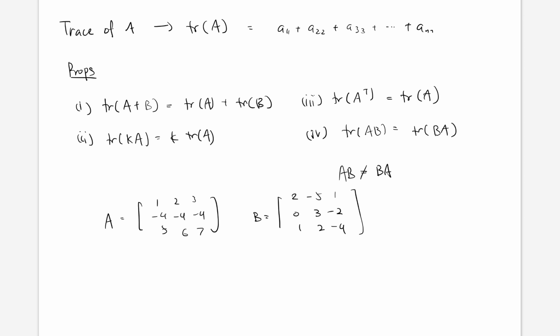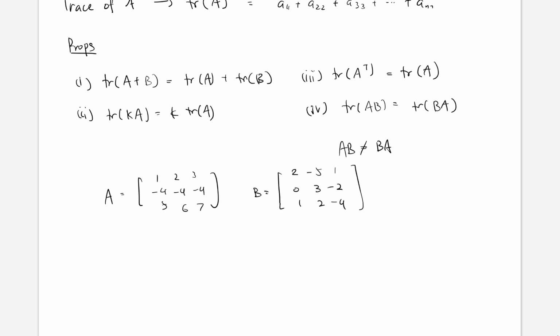If you have two matrices that look like this, first I want you to write down the diagonal like such. 1, minus 4. Just identify it really quickly for the second matrix. 2, 3, minus 4.